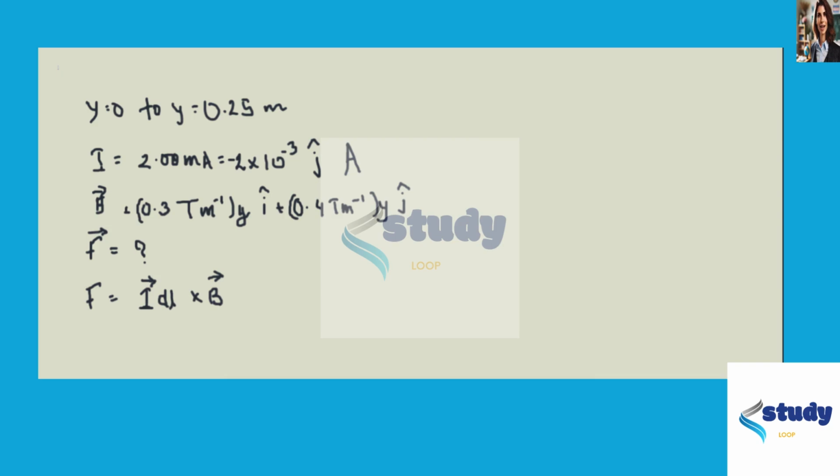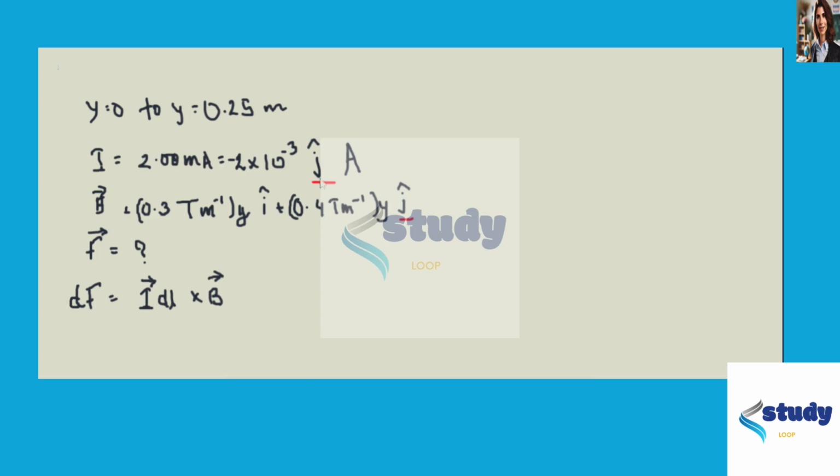If you multiply I dl and B, the component j cross j will turn out to be 0. Because we are considering force on a small length dl, let me write this as dF, not F.